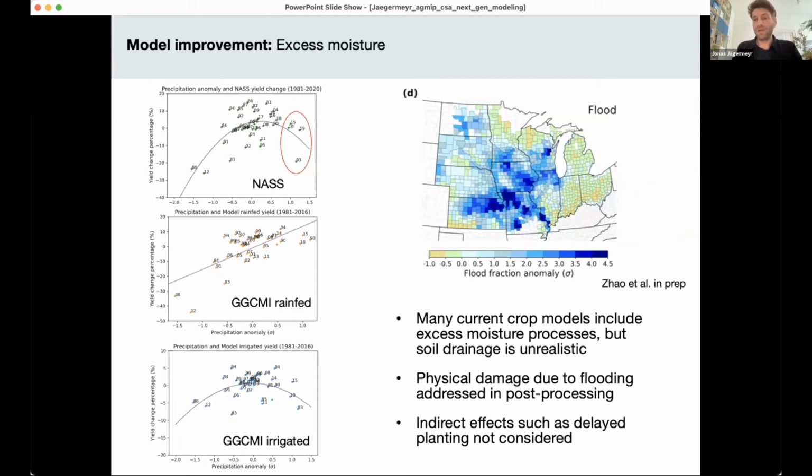In 1993, much of the yield losses were actually not necessarily associated with physical damage through flooding or waterlogging, or reduced temperature and radiation, but through delayed planting. And globally in our current modeling framework, we're assuming constant planting dates across years, which obviously is a big caveat that we're also addressing, and I'll talk to that in a minute.